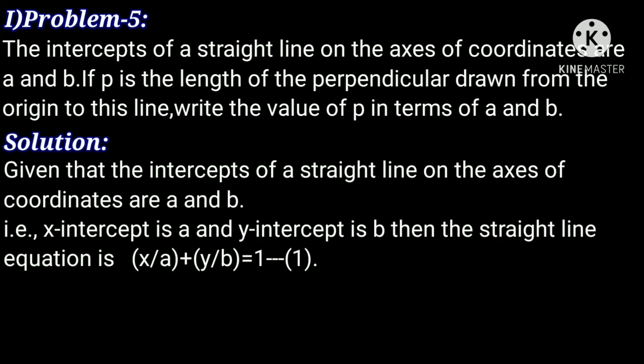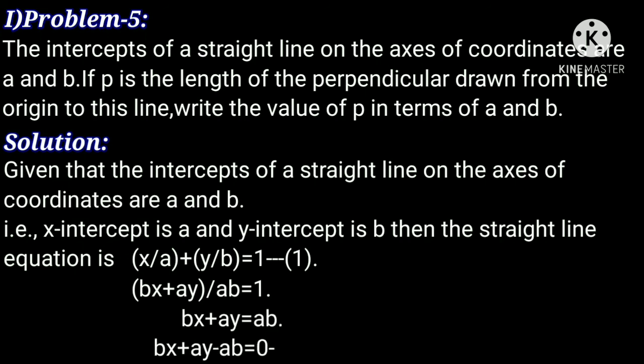Then we take AB as LCM. Then we have Bx plus Ay by AB equal to 1. From this, Bx plus Ay equal to AB, take all values to one side, then Bx plus Ay minus AB equal to 0. This is equation number 2. This is the general form straight line equation.